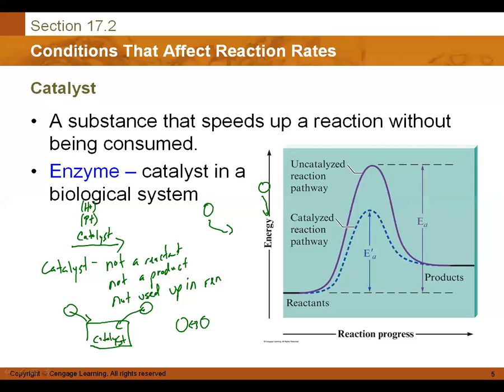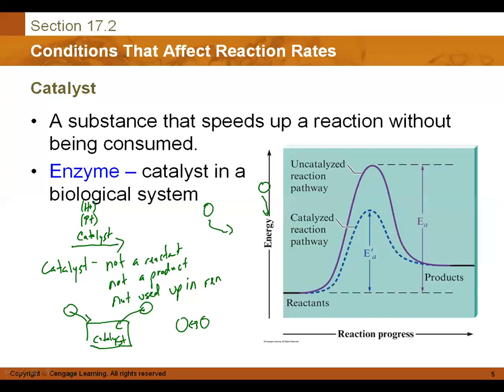And in terms of how it's able to speed up the reaction, it finds an alternative path for this reaction to take place, kind of like the old Wile E. Coyote and Roadrunner cartoon. One goes up and over the hill to get to the other side of the mountain, and the Roadrunner opens up a door in the mountain and goes straight through to the other side. Obviously, the Roadrunner could get through a lot quicker.